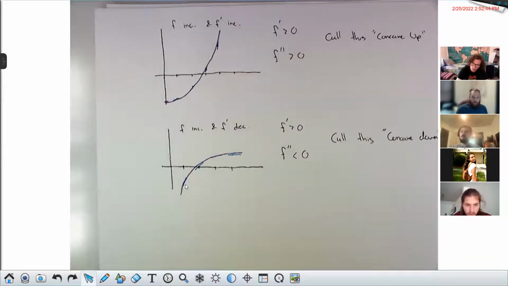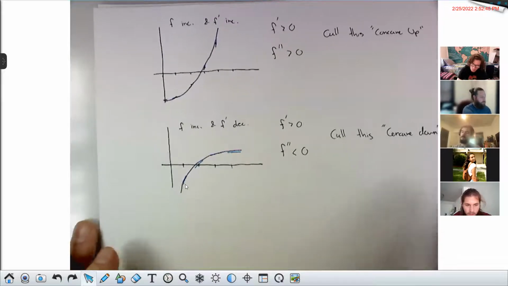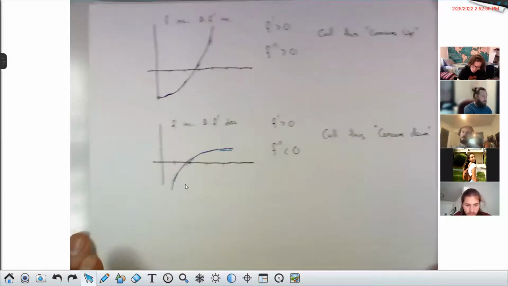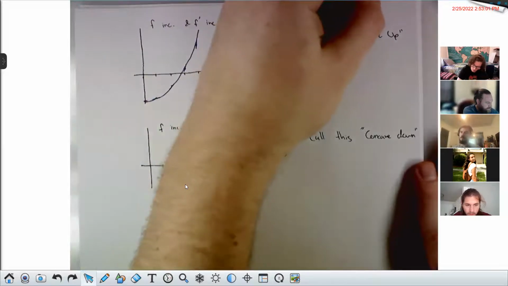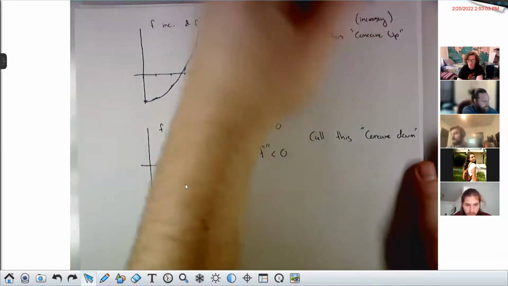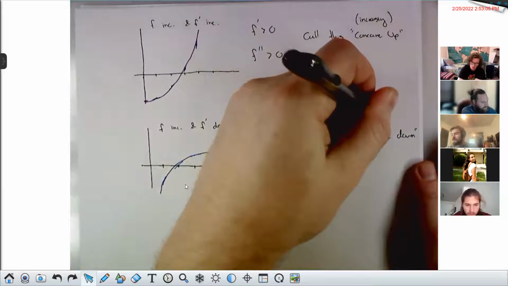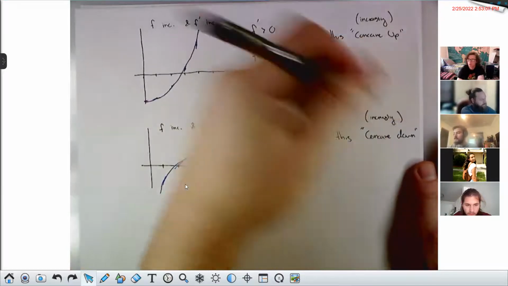And both these curves are increasing functions, right? So this is increasing concave up. This is increasing concave down. You can also have decreasing concave up and decreasing concave down.